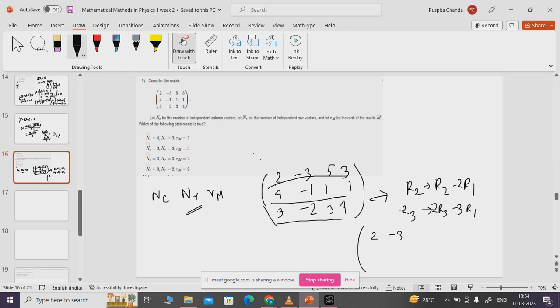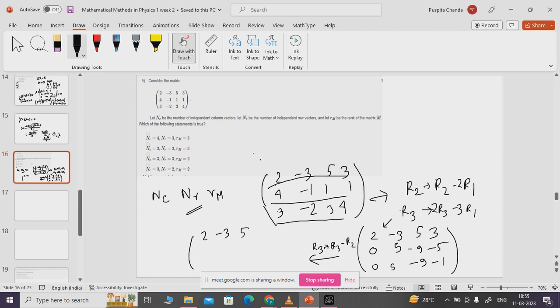So that will become 2 minus 3 5 3, 0 5 minus 9 minus 5, 0 5 minus 9 minus 1. Then it is simple that R3 needs to be R3 minus R2.